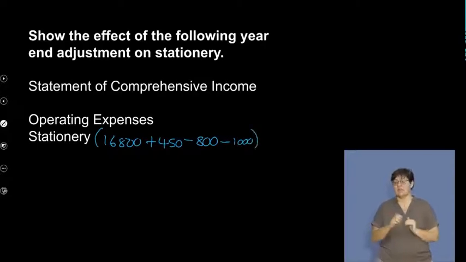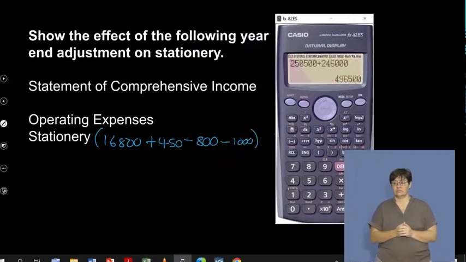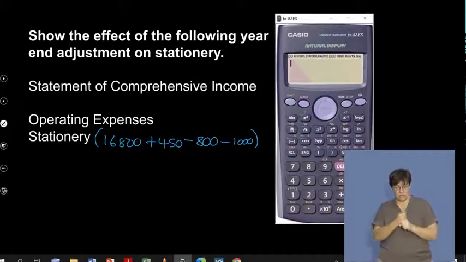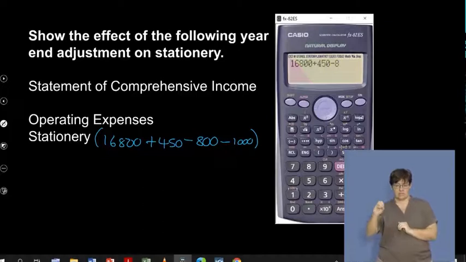Right, and our stationery expense for the year, if we just quickly grab the calculator, so our expense for this financial year, 16,800 plus the 450 that we reversed, minus the 800 that Vish took for personal use, and minus the unused stationery, minus the 1,000 Rand.